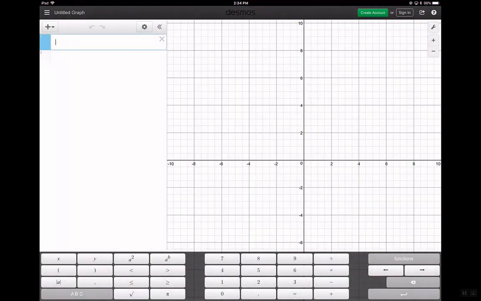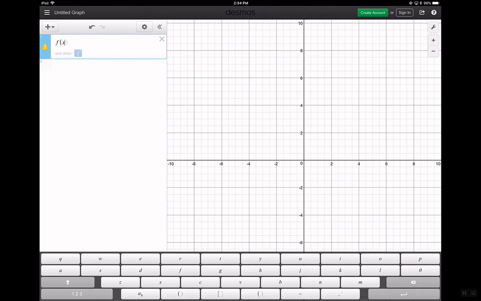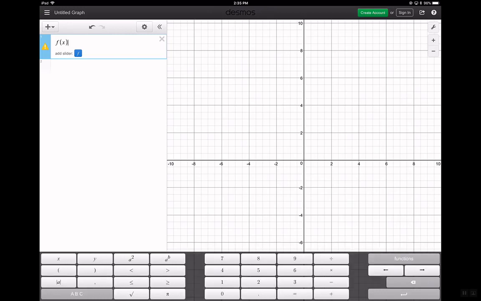So if I have f of x equal to negative x squared, and the negative in Desmos is just the same thing as the subtraction, plus x. Okay, so that's actually what my graph looks like.